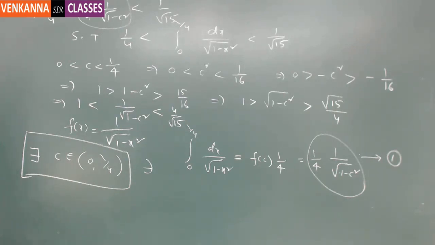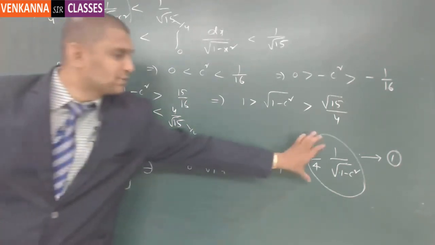So equation 1 is obtained from mean value theorem, stating that since it is a continuous function, we can apply the mean value theorem of Riemann integration. So this integral value is equal to f of c into b minus a. And we go for a construction with regard to the value of c, and in the middle, exactly we will get this expression.